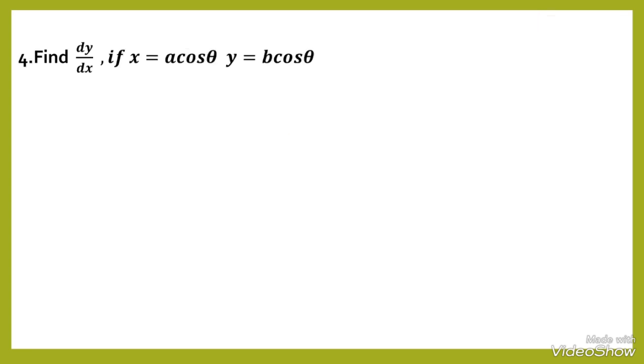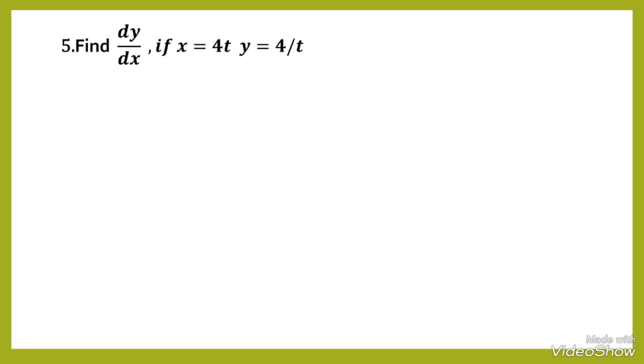Find dy by dx if x is equal to cos theta and y is equal to cos theta. We already did this one. Then exercise number 5: find dy by dx if x is equal to 4t and y is equal to 4 by t.